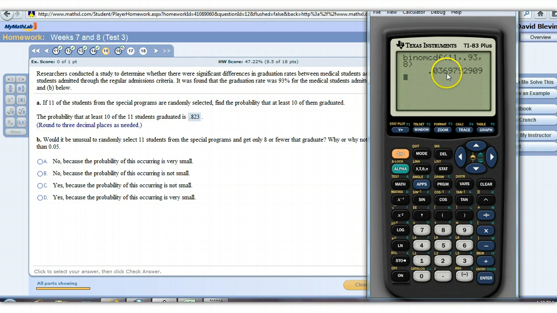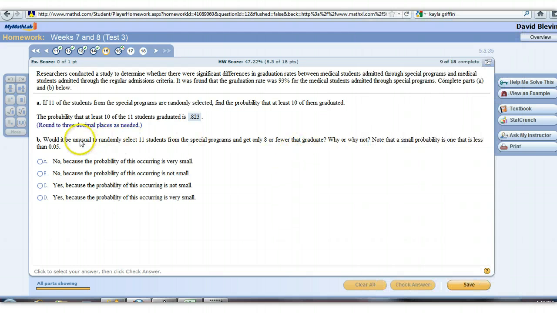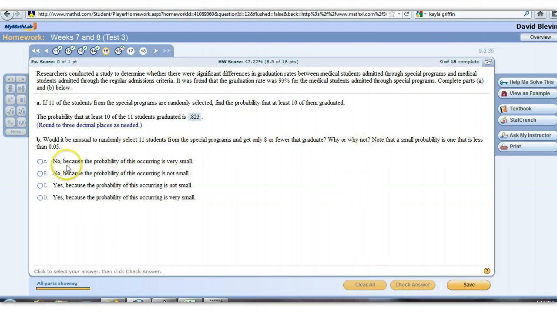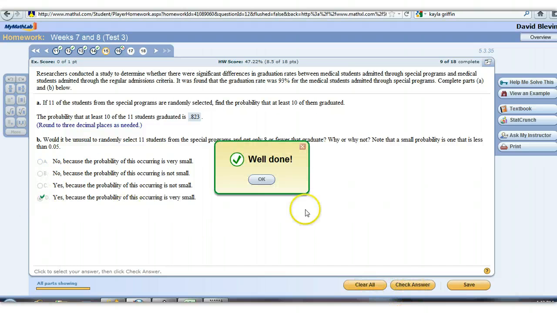So 0.036, 037 to 3 places. So would it be unusual to randomly select 11 students and only 8 or fewer that graduate? So yes, definitely, because look at our number, 0.03, 3%, almost 4% chance of it happening. Yes, because the probability of this occurring is very small, lower than that 0.05.